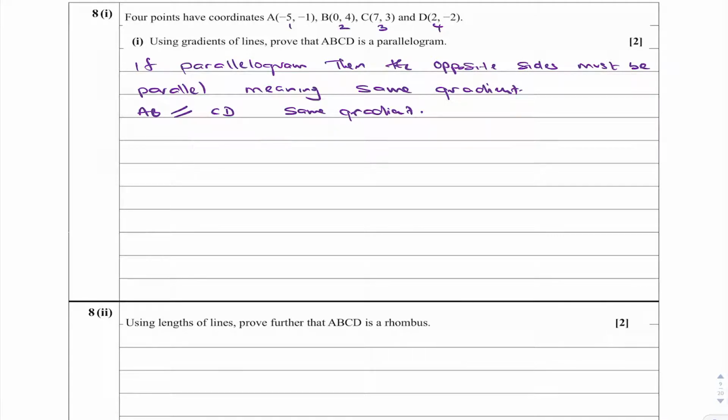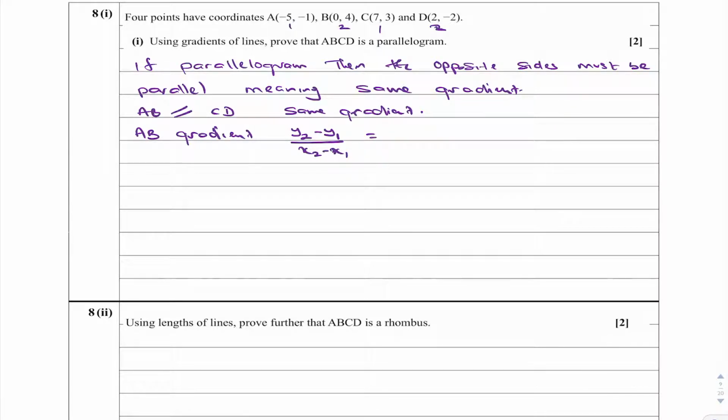Now referring to the points again, point 1, point 2, another point 1, and point 2. So let's find the AB gradient, which is y2 minus y1 over x2 minus x1.